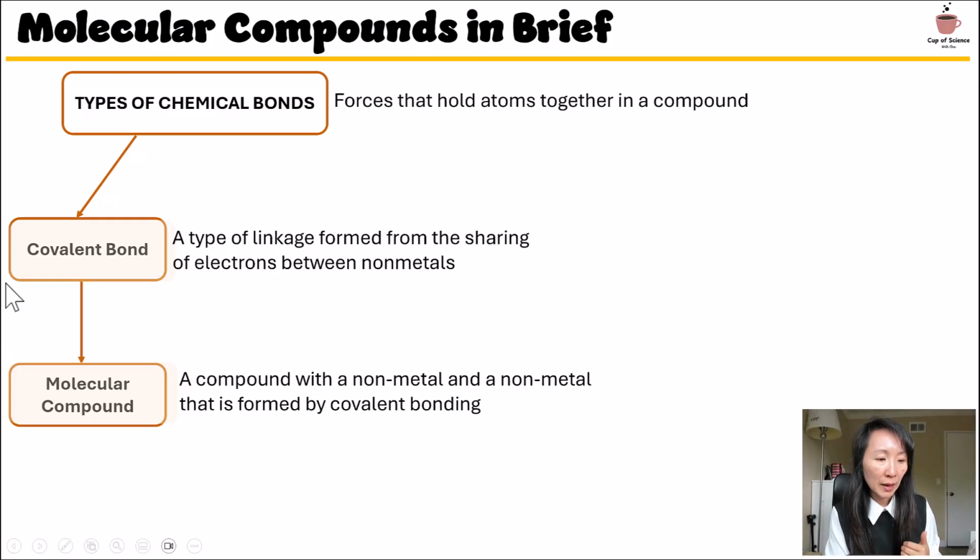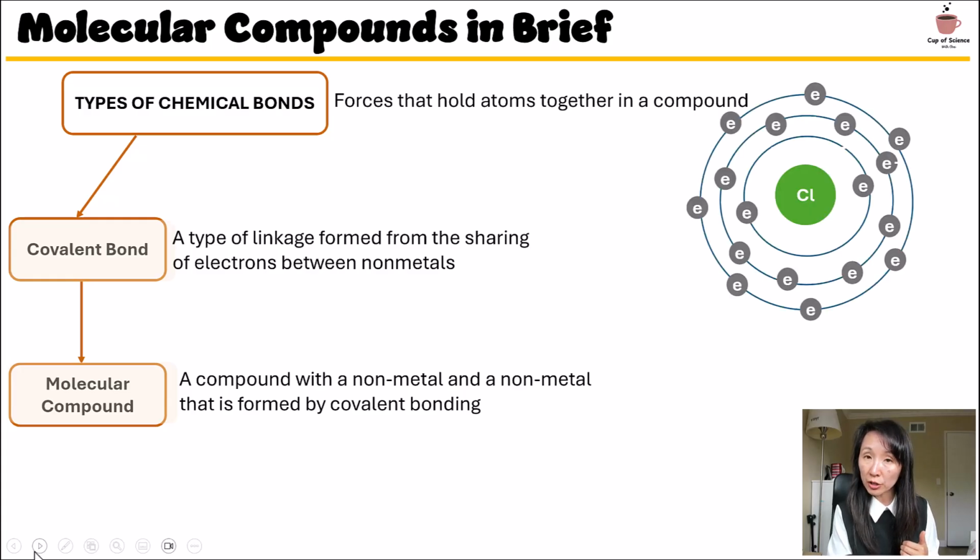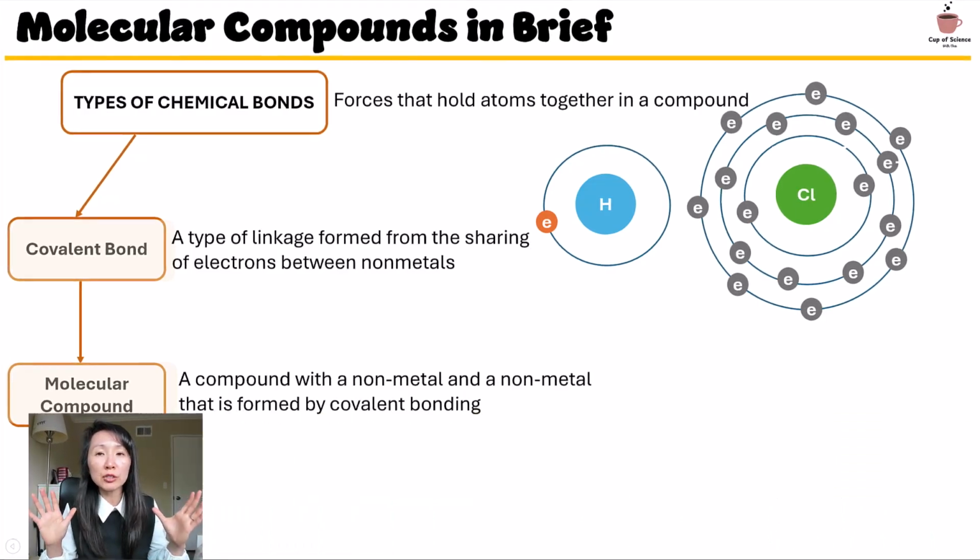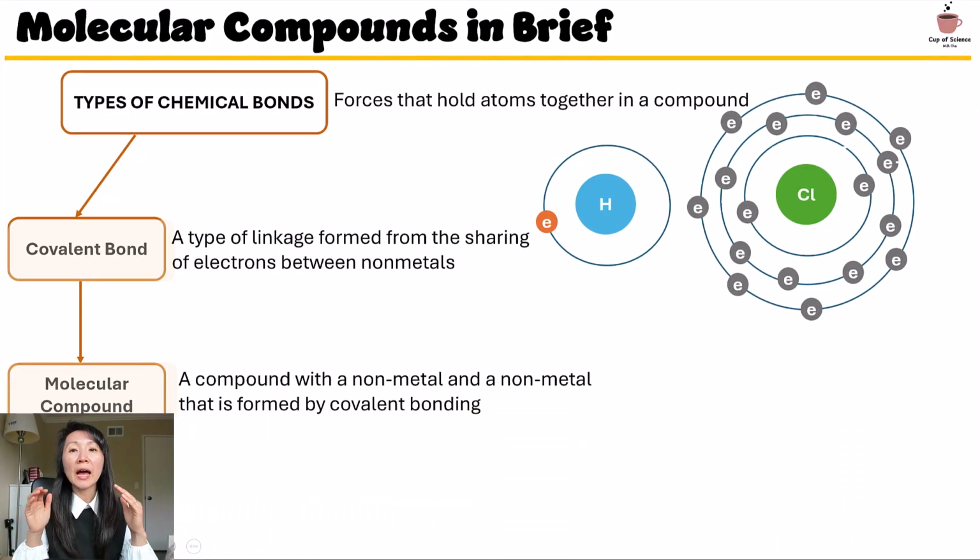Here's what I mean. So I have chlorine, which is a nonmetal, and hydrogen, a nonmetal. These are both neutrally charged, hydrogen and chlorine. No negative, no positive.